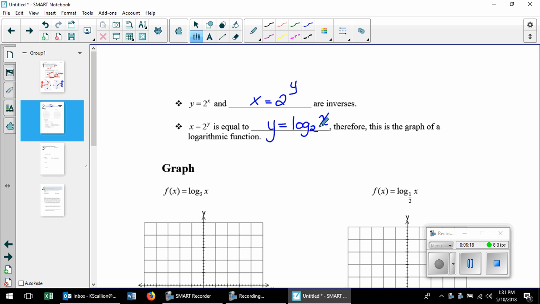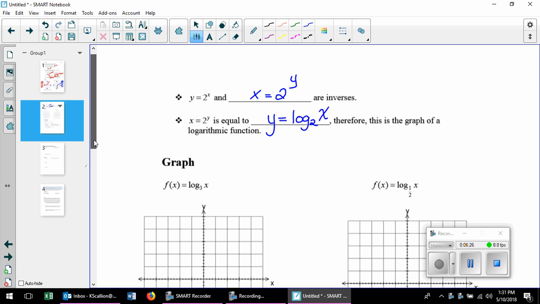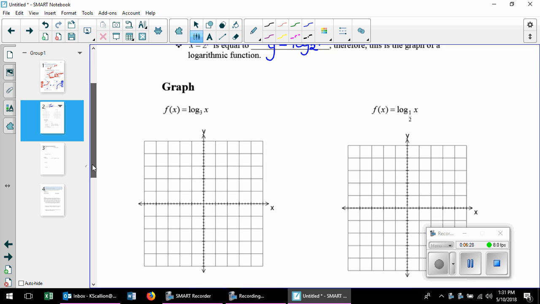So I'm going to be asking you to switch forms back and forth. Now if we look at this, could you put that in exponential form for me? Go.